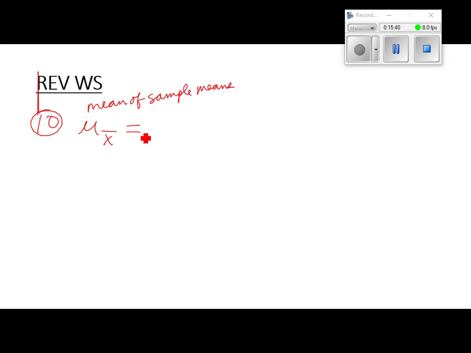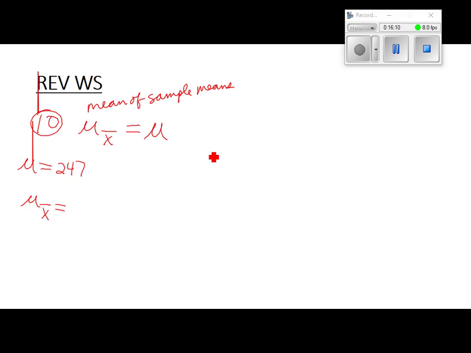What do you know about the mean of the sample means? It's always the same as the mean of the population. So Brendan's hoping I put a whole bunch of those questions on there where I tell him that the population mean is 247, and then I ask him to find the mean of the sample means. What is it? 247. All right.